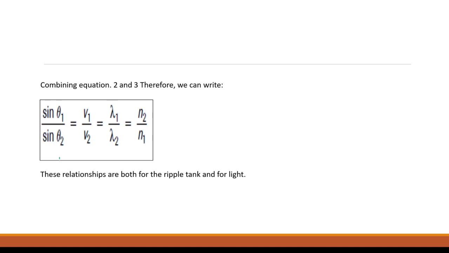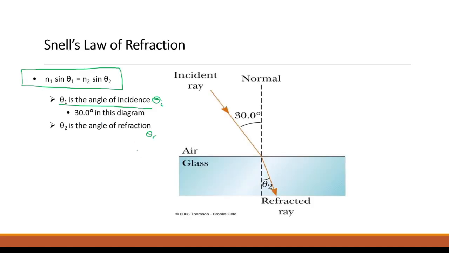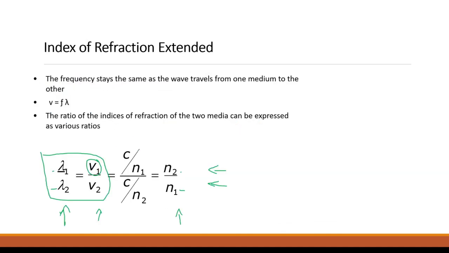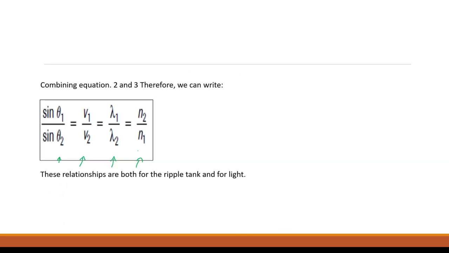Now we have a means of getting angles, speed, wavelengths, and indices of refraction all in the same formula. We can get two of these four and find many useful values based on what we're given. These relationships are both for the ripple tank and for light.